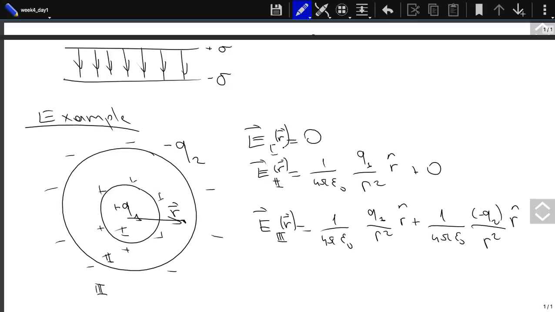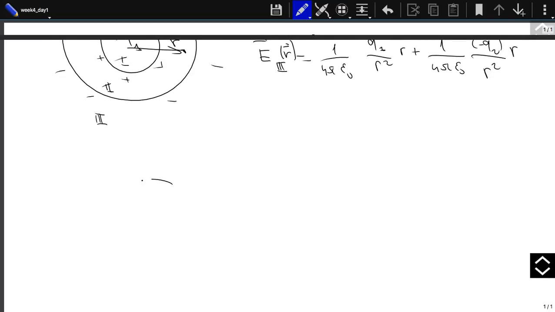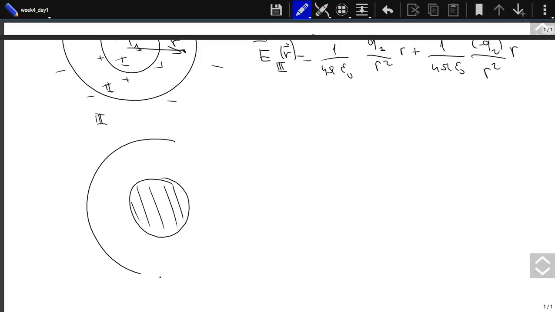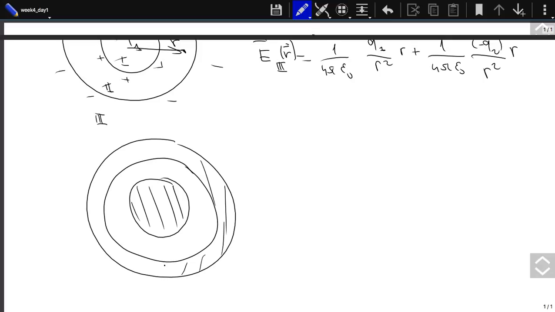If they are non-conducting and the charge is distributed uniformly over the thickness of this shell, then of course you have to calculate what the enclosed charge is. But the method will be basically identical. Okay, you see, this is the inner sphere, let's say, and we have this shell, and everything is conducting.